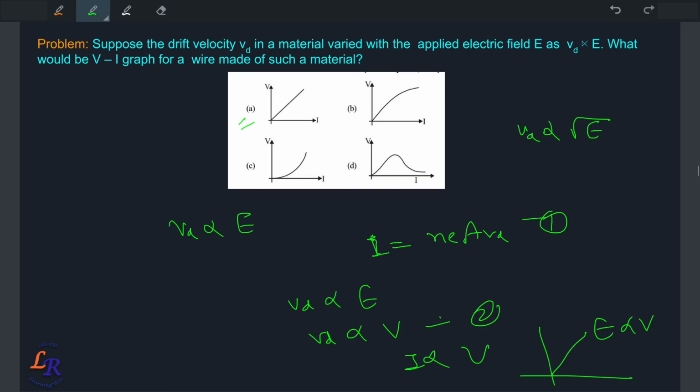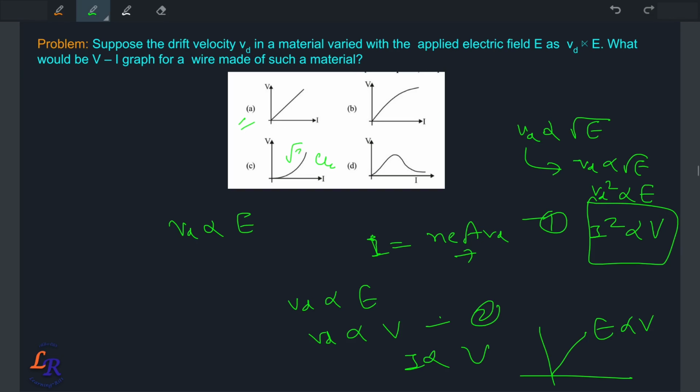So let's say if this is there, then the dependence is root E. It would mean that Vd square is proportional to E, right? Following the same analogy, I square is proportional to V. So in this case it would have been this curve.